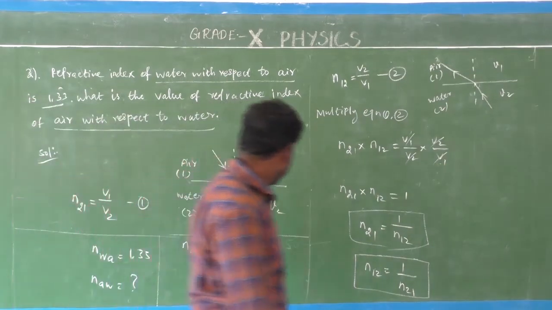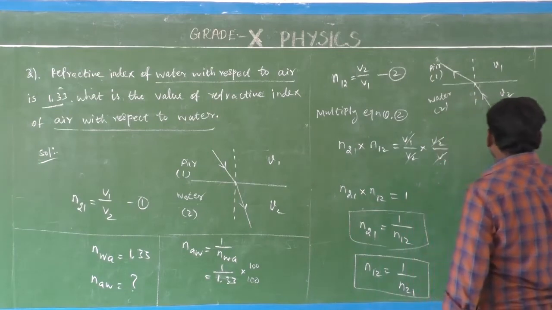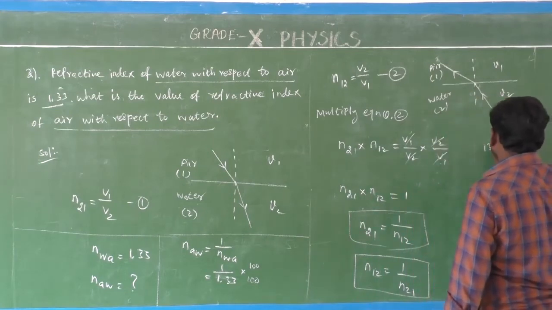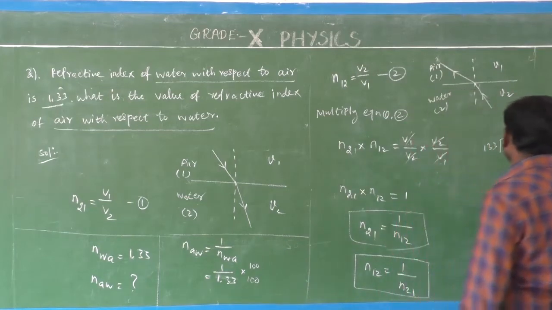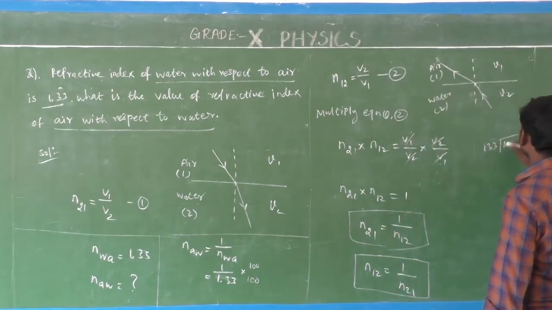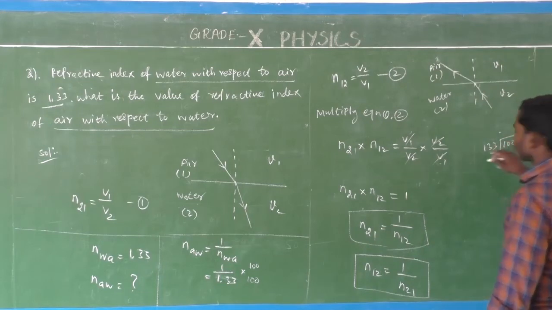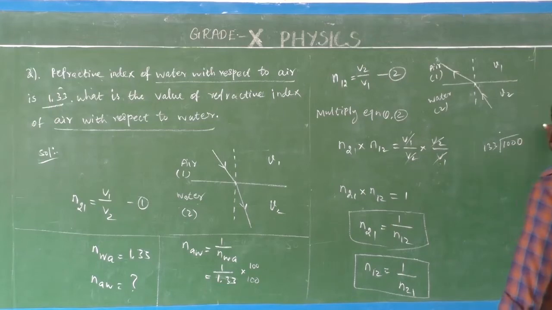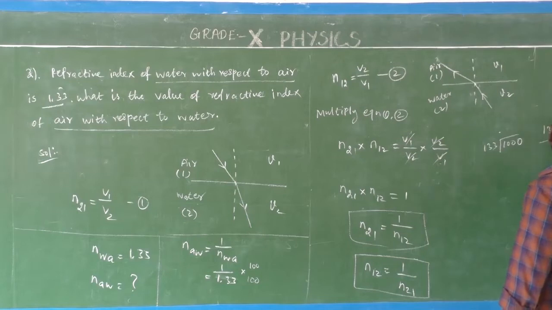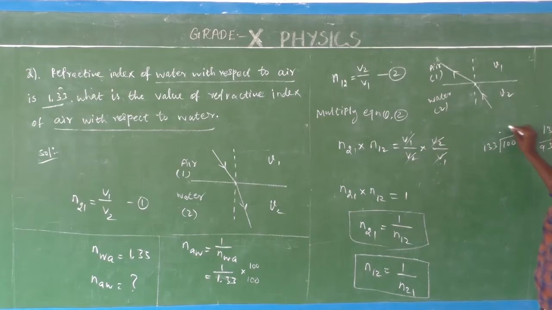Yes, you can get one number. So we get 100 divided by 133. So this is equal to 0. Okay, this is the smallest number, put a dot and add one 0. Okay, 7 into 133 is equal to 931.